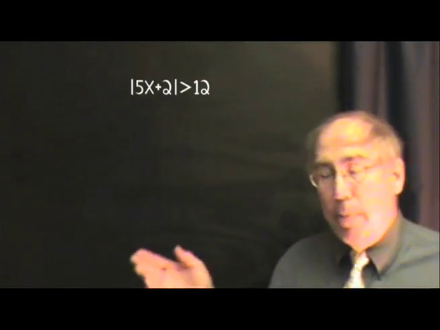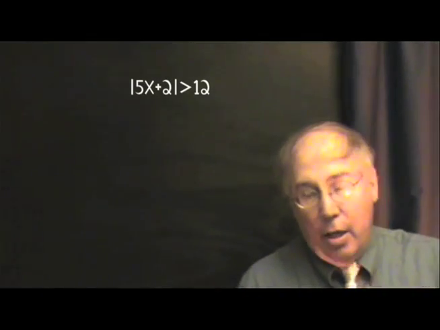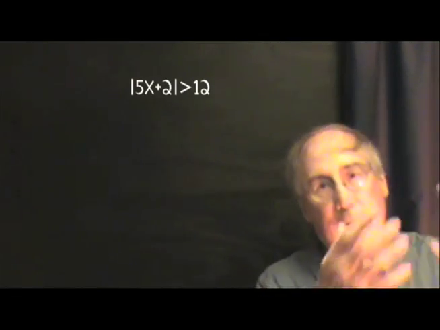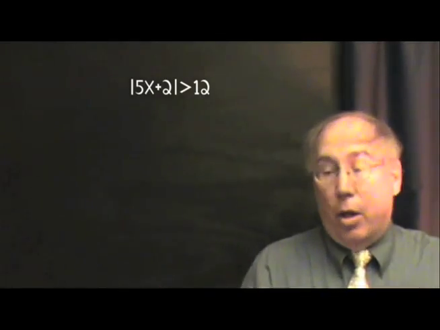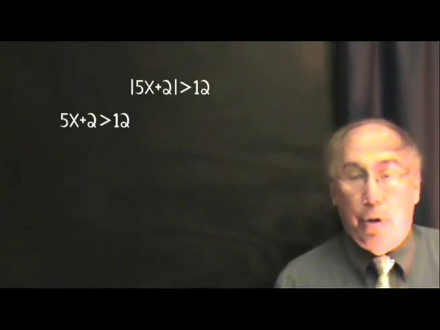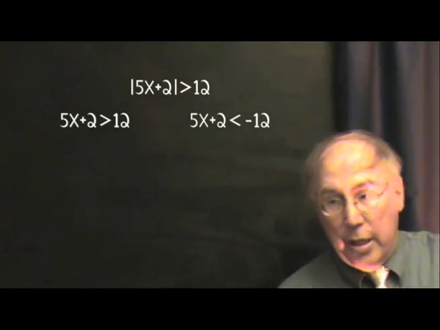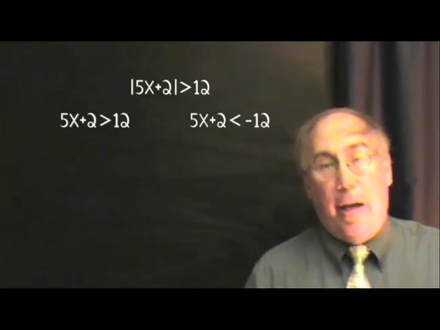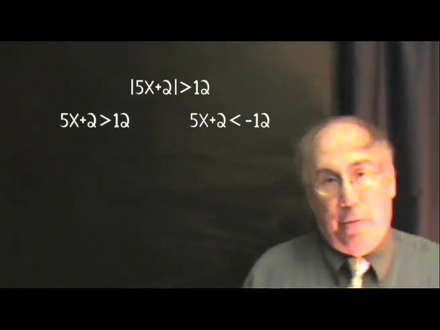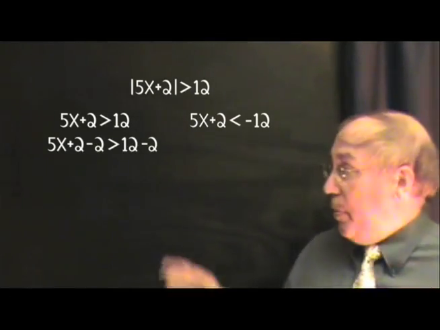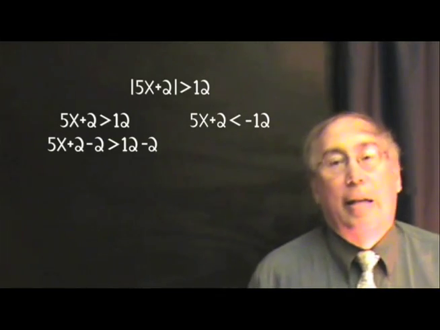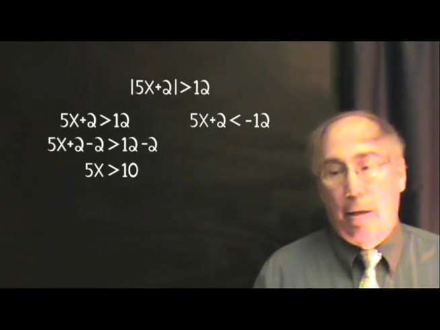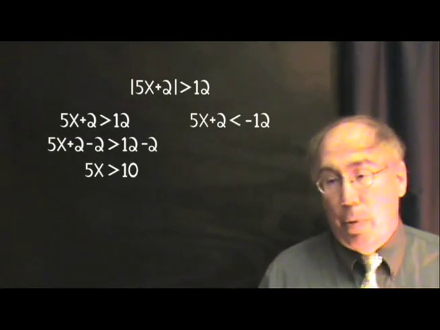Alright, in our next problem, this is the situation where we've got the absolute value greater than some number, so we're going to have 2 inequalities that we're going to have to work. We're going to have those things that are greater than 12 and less than negative 12. So we set up our two inequalities. Let's work the left-hand side first, and we're subtracting 2 from both sides.